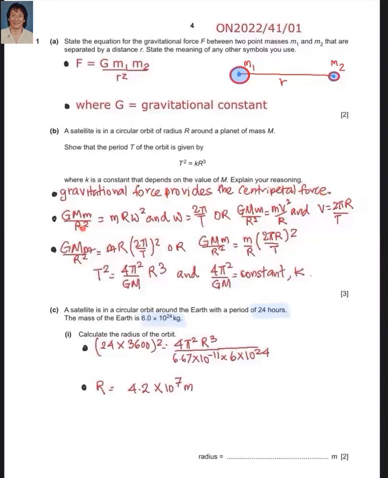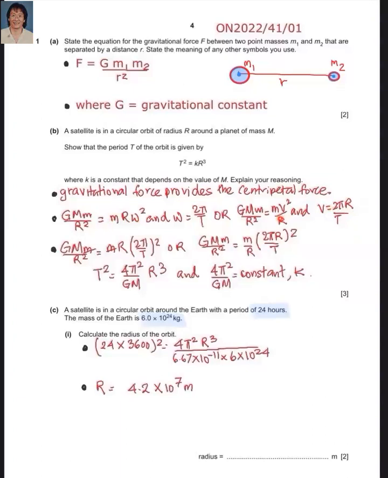Then after that, you either equate GMm over r squared, which is our gravitational force, equal to the centripetal force, and you must use omega equals 2 pi over T. Or you can use GMm over r squared equals m v squared over r, where your v is equal to 2 pi r over T. The reason why you do this is to make sure that the final expression contains your T. Then you substitute your omega or your v into the expression.